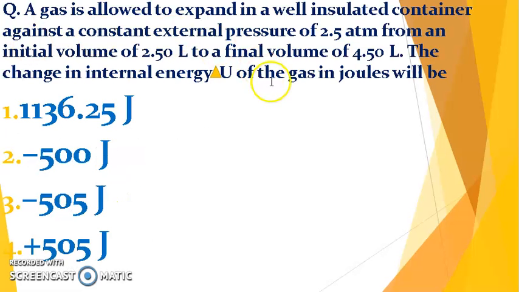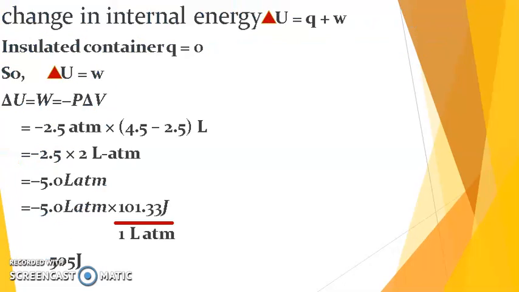They have asked for the value in joule unit, so we have to convert the L atmosphere into joule. For that, what we have to do? Multiply by 101.33 joule divided by 1 L atmosphere, so that then only you will get a joule value.